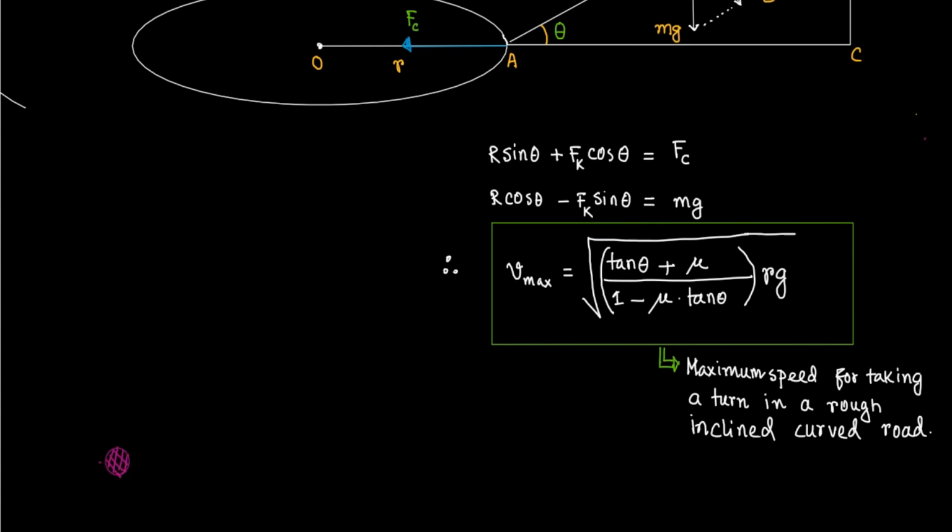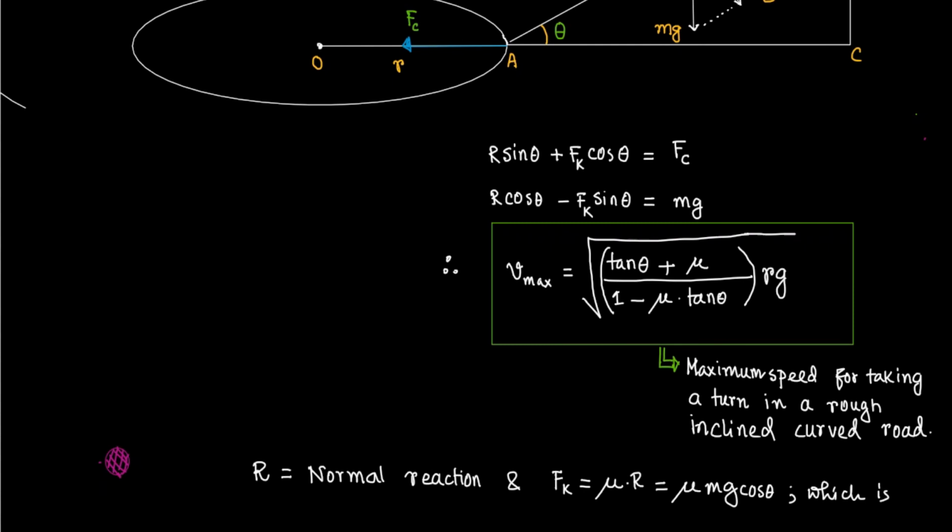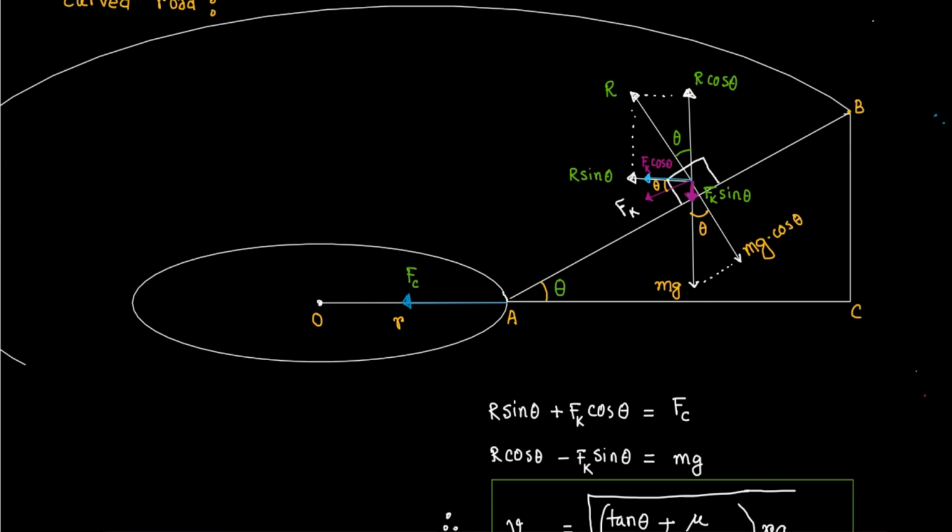Additional information: in this case, R is the normal reaction acting on the car applied by the rough inclined curved road, and kinetic friction Fk is mu into R. Fk equals mu R, which is the kinetic friction acting between the wheels of the car and the inclined road.